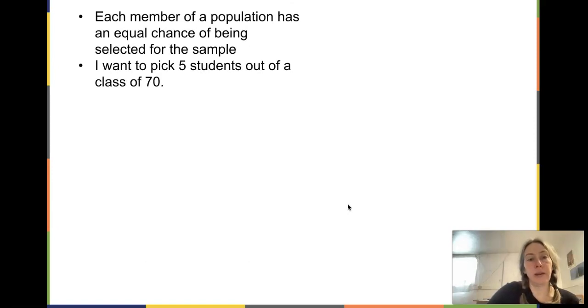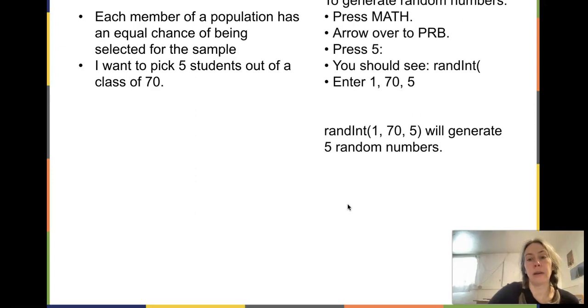So we could do random sampling, and I could try to randomly sample out of all LCC students. I could do a random sample out of a class of 70 students. There is a way to generate random numbers on your calculator.